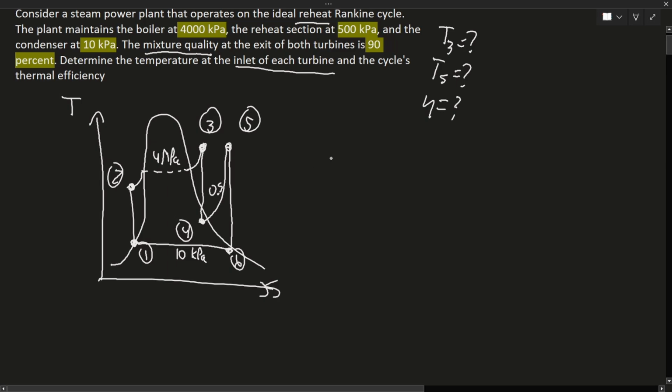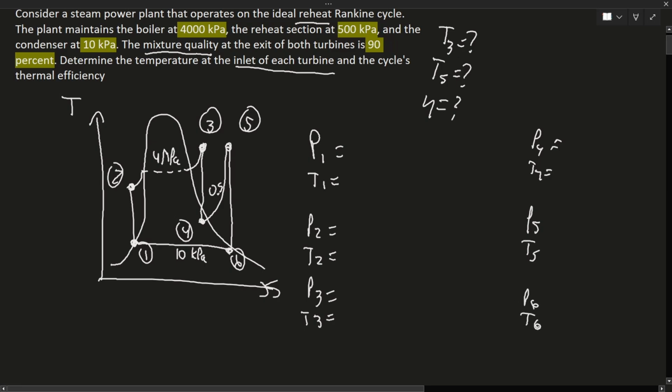So the way you start this is you're going to want to write P1, T1, P2, T2, P3, T3, P4, T4, P5, T5, and P6, T6. Some questions you're going to have to use the temperature. Here we don't have temperature, so we don't need it, but just write T just in case it's easier for you to follow, okay?